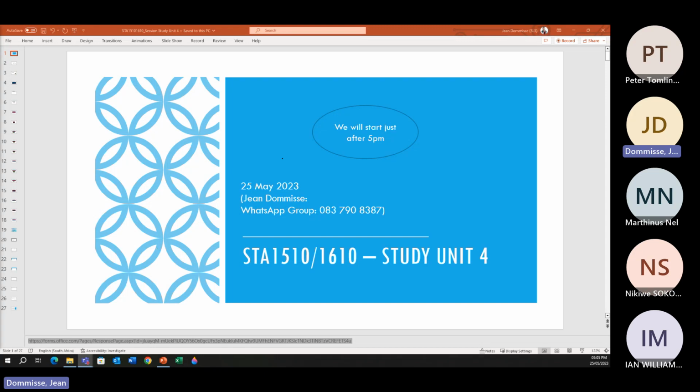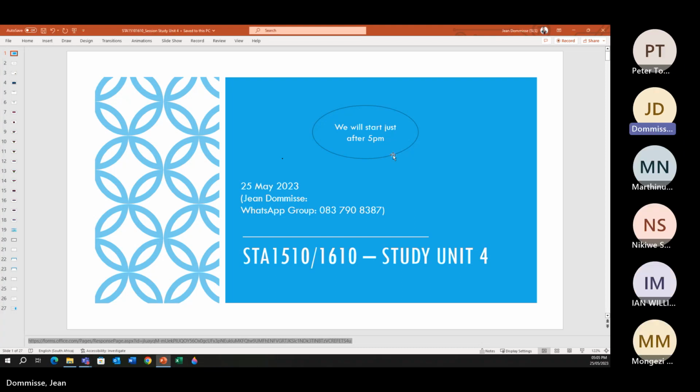So tonight we're starting with probability. In the previous three weeks we've looked at the beginning of the work on variables, how you look at the variables, if it is in table format, if it is in graphical format, and then some summary things around that.